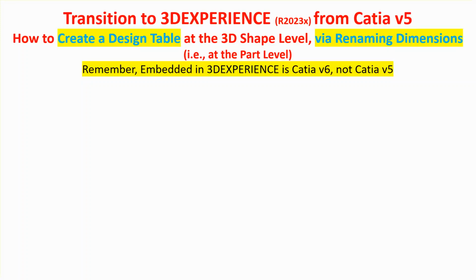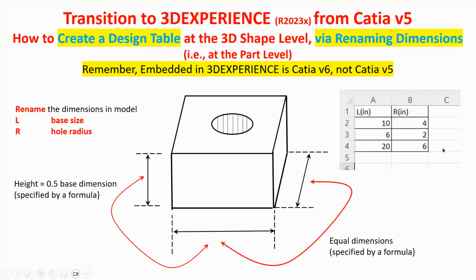Okay. Now, do that in the context of this problem. It's the same drawing. So we have a box here, which has equal dimensions at the base and a radius there. I want to make this height half of that and these two heights being the same.